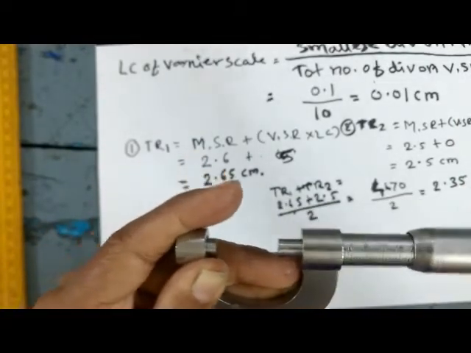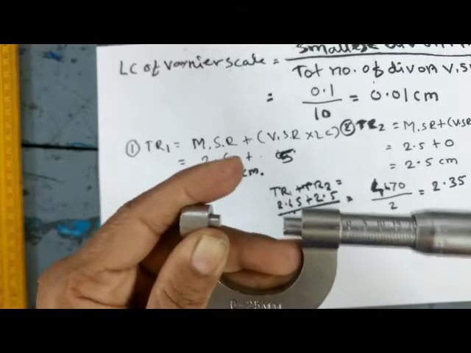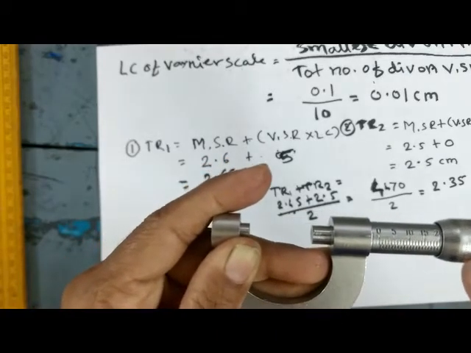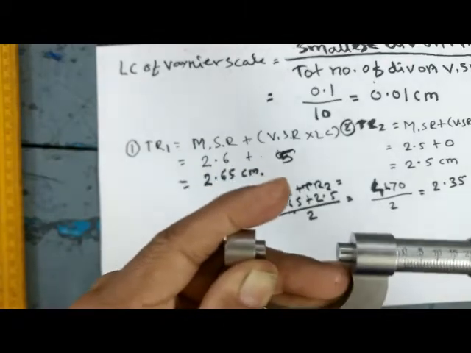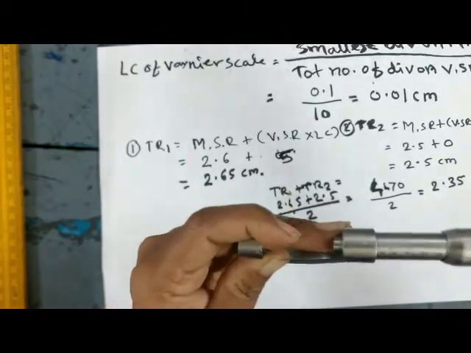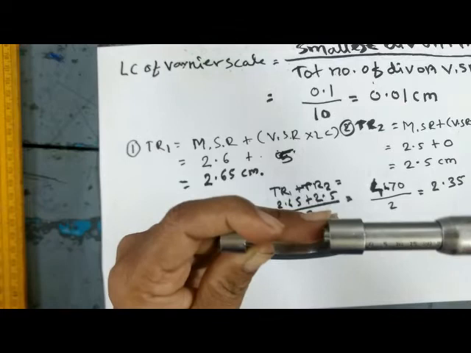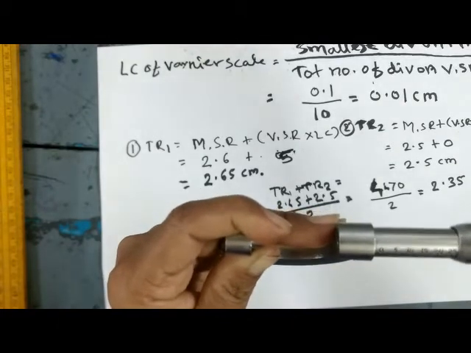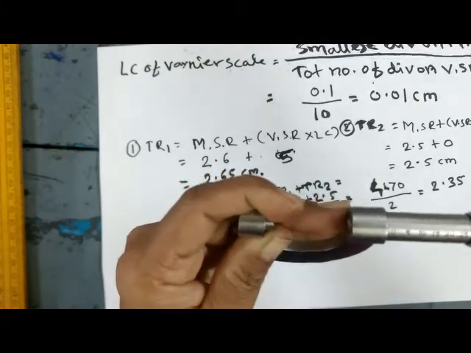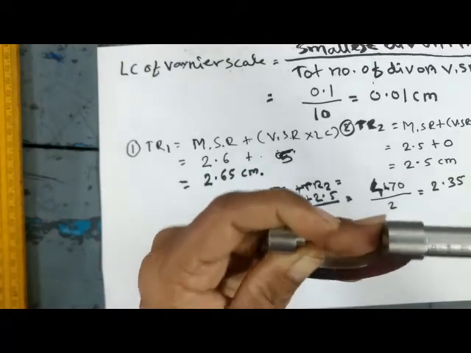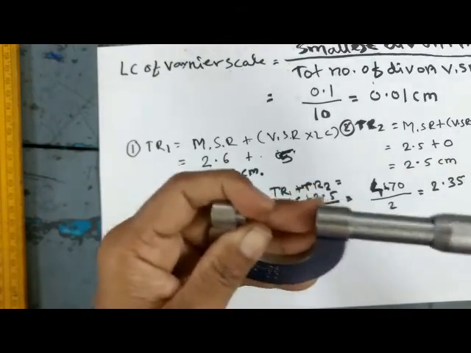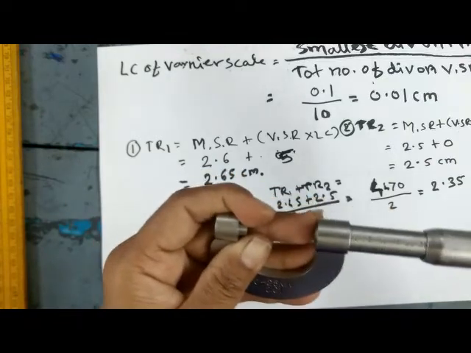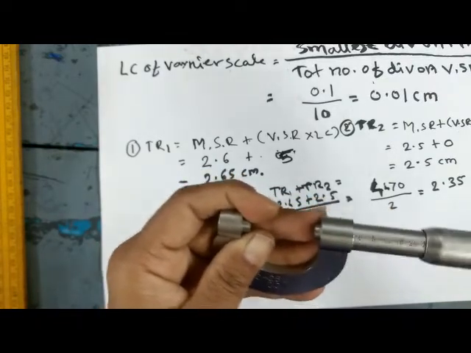In this circular scale we get a total of 50 divisions, 45 and 50, and in the circular scale we get the total number from 0 to 25. So firstly we will tell you how to find the least count in this instrument.